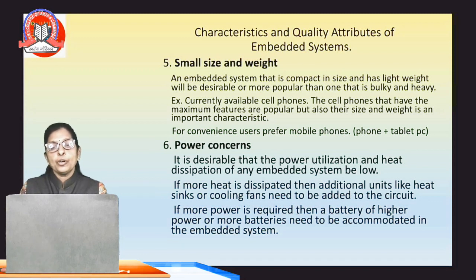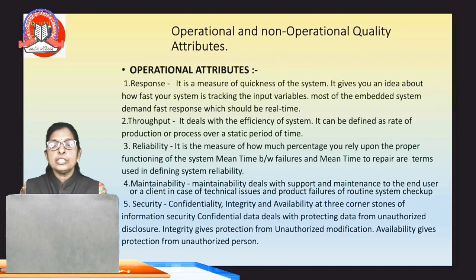Now our next point is operational and non-operational quality attributes. The first one is operational attributes. The most important is response. It is a measure of the quickness of the system. It gives you an idea about how fast your system is tracking the input variables.